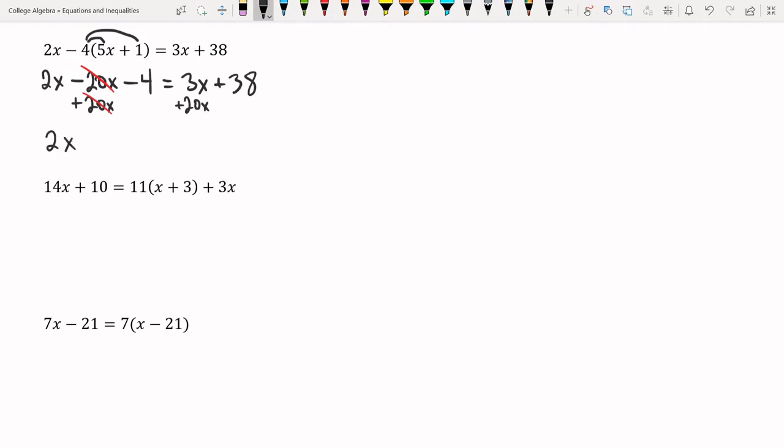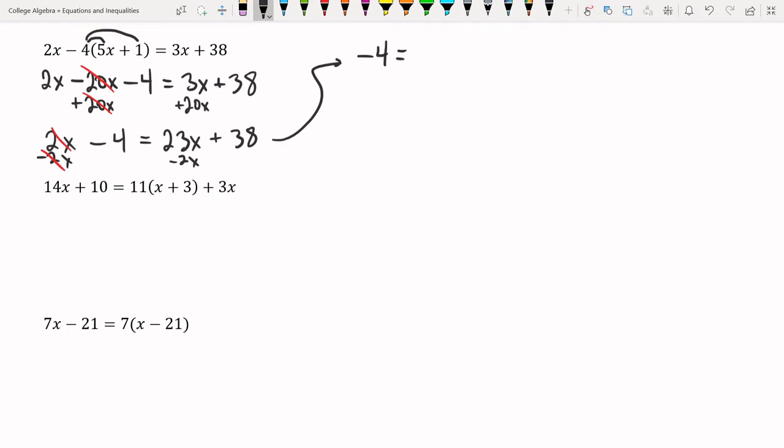Gives us 2x. Oh, I forgot this 2x actually. I can take care of that next. 20 plus 3 is 23x plus 38. Let's move this 2x to the other side as well. So the 2x's cancel. We should actually combine those like terms first, but this is fine as well.